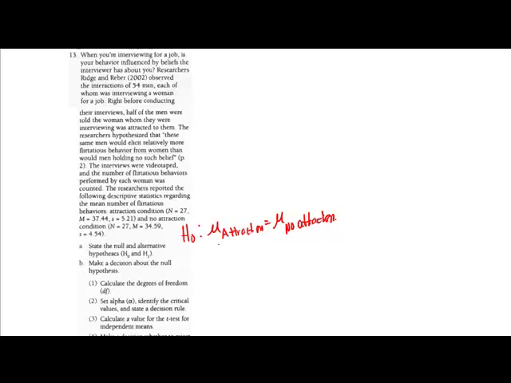And our alternative hypothesis is that they're not equal. Got that. That's easy. Null hypothesis is always no relationship, so they must be equal. Set alpha. Well, alpha is always 0.05. And state a decision rule.